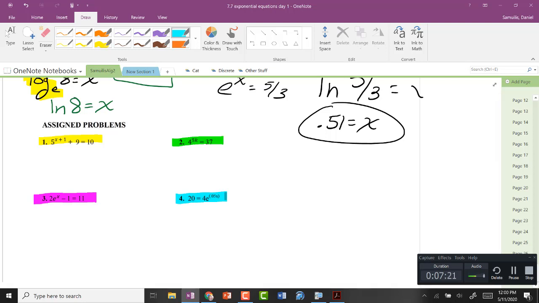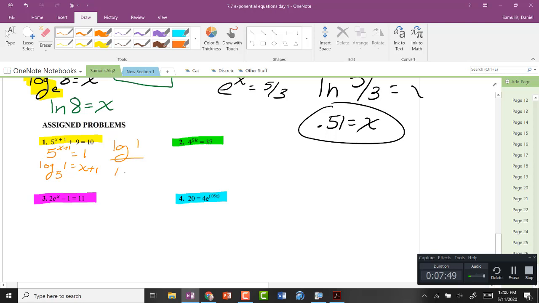Okay, if you're sticking around for the after party here and going through the examples, make sure you got the correct answer. Here we go. All right, so I'm going to subtract 9, so I get 5 to the x plus 1 equals 1. Convert to a log. So log base 5 of 1 equals x plus 1. So apply the common log formula.